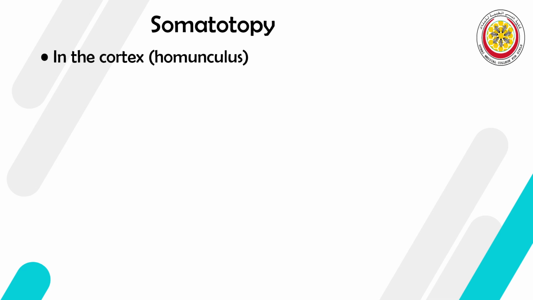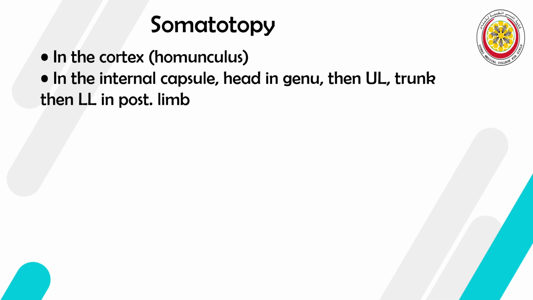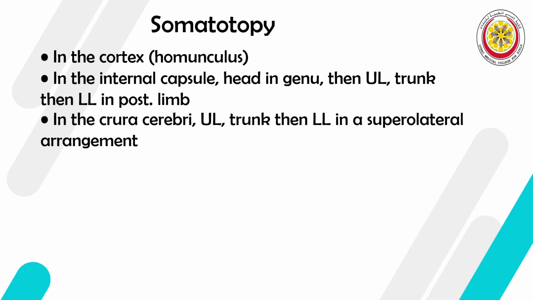So you can know exactly which part of the descending corticospinal is occupied by which. Starting from the homunculus in the cortex, in the internal capsule, we saw them already somatotopically arranged. Head in the genu, then the upper limb and trunk, then the lower limb in the posterior. So they are arranged in that manner.